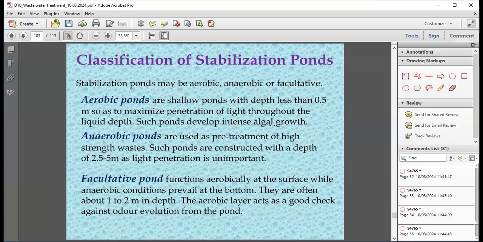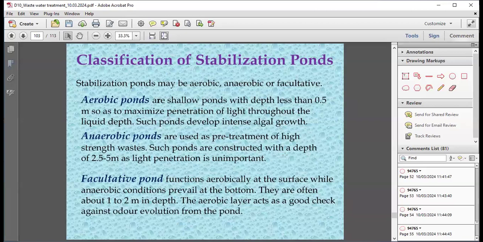Such ponds develop intense algal growth. Anaerobic, you can understand the difference between aerobic ponds and anaerobic ponds. Anaerobic ponds are used for pre-treatment of high-strength waste.